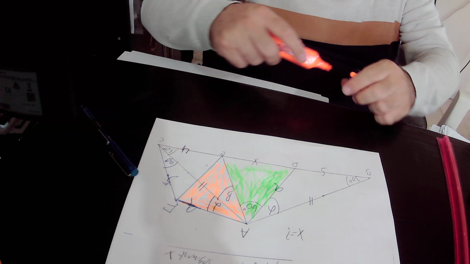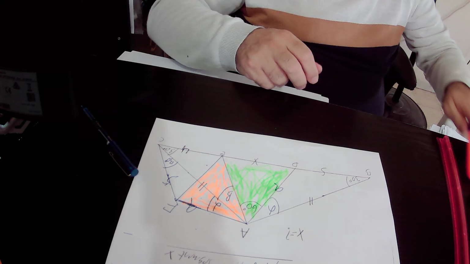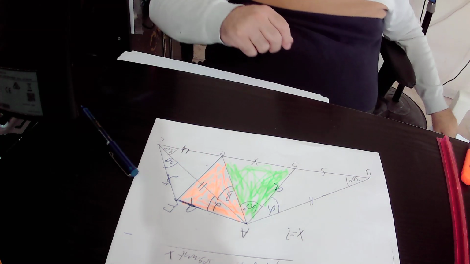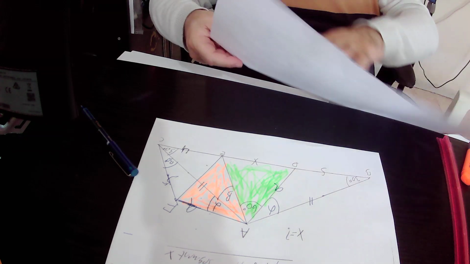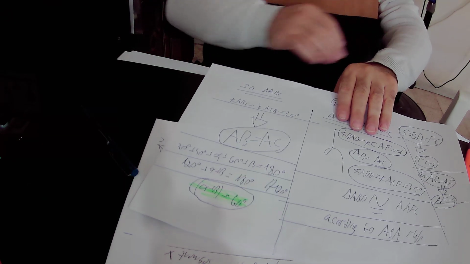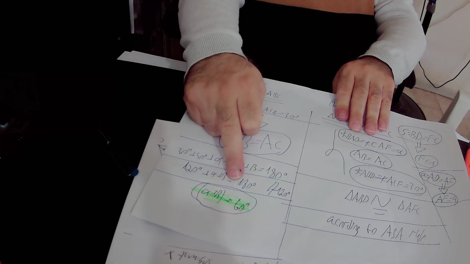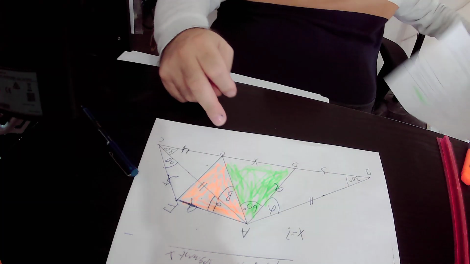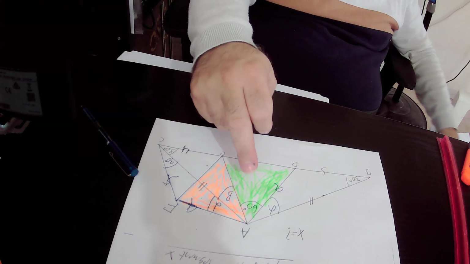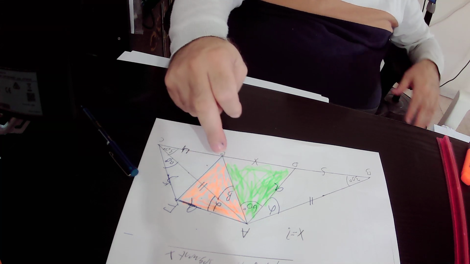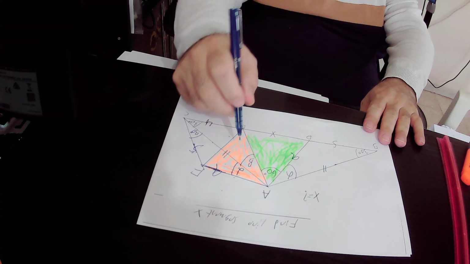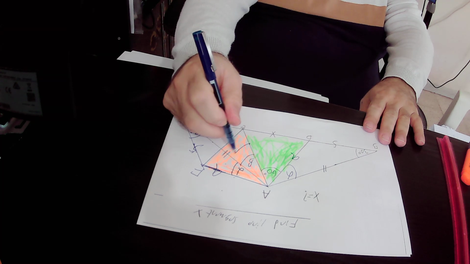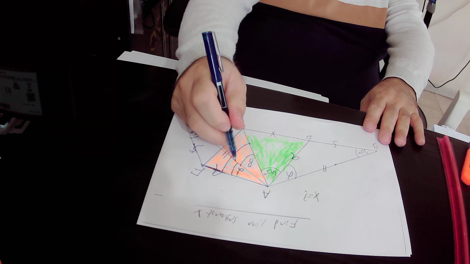But before that, we have already found out that alpha plus beta equals 60 degrees. So this angle, angle FAE, that is equal to alpha plus beta, equals 60 degrees, according to what we have already found out. This angle equals 60 degrees.